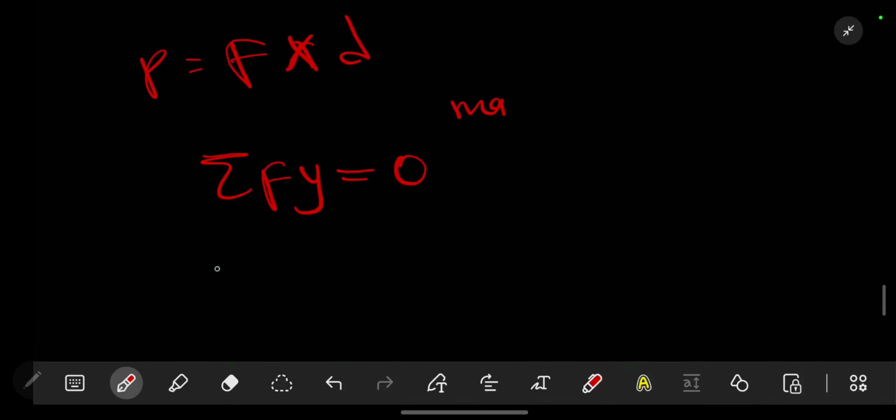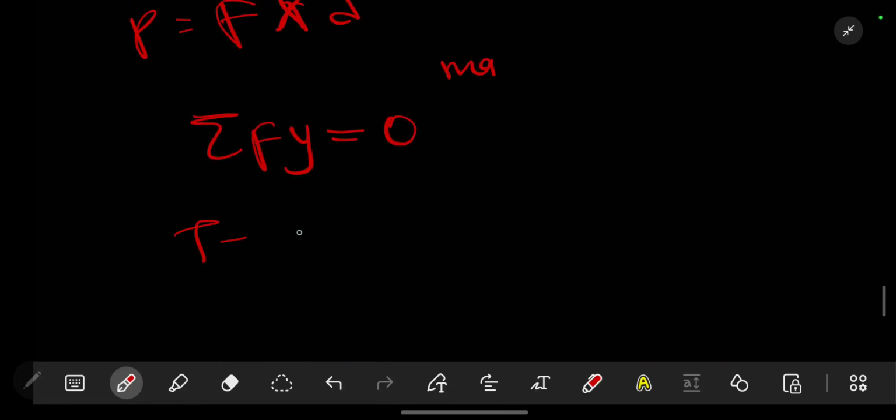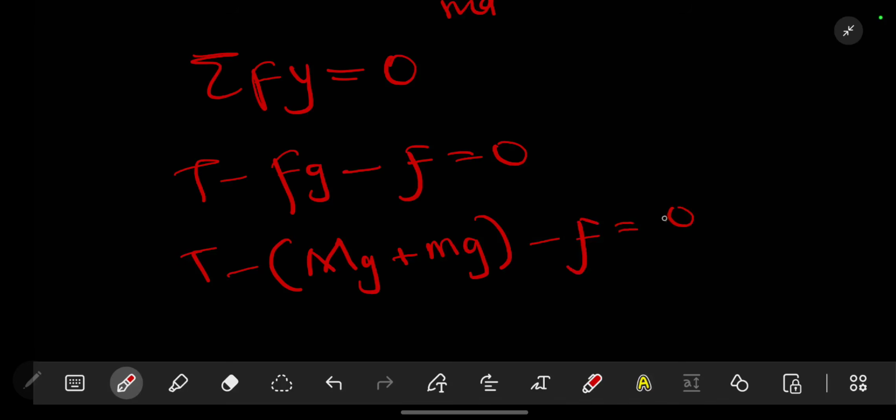So the one that is pointing up is the tension. So we are going to say tension minus the downward forces, the Fg, minus the other downward force, the frictional force, is equal to 0. So we have the tension minus Mg plus mg, which is the combined weight of the passengers and the elevator, then minus the frictional force should be equal to 0.